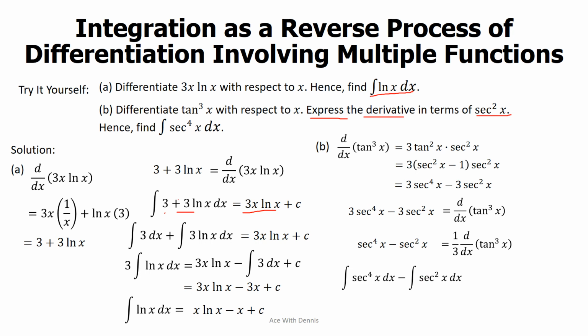Then we integrate secant to the power 4 x dx minus secant square x dx equals 1 over 3 tangent cube x plus c. Hence, make integration of secant to the power 4 x dx the subject. We get 1 over 3 tangent cube x plus tangent x plus c. Do you get the answer correctly?